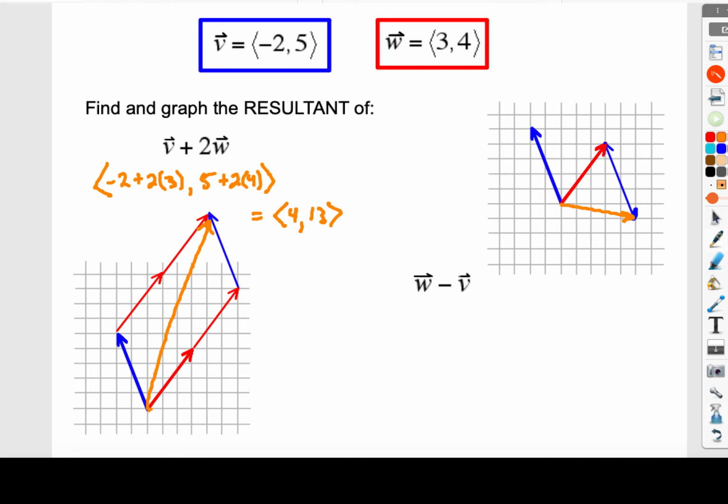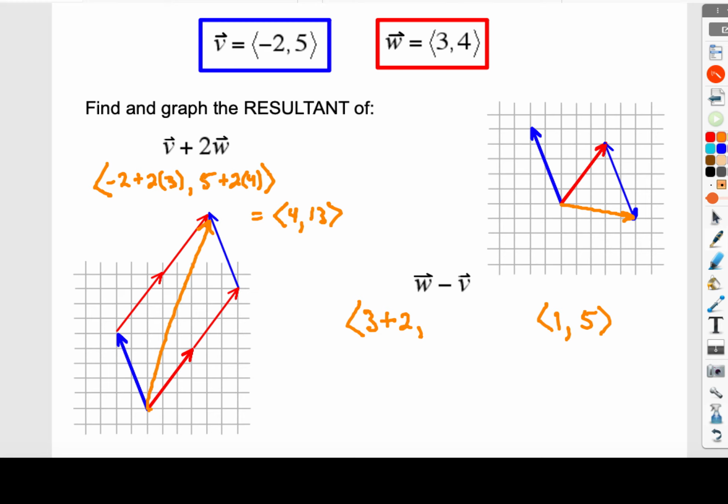And again, we could form that full parallelogram if we want to, but what you really want to notice is, again, it looks like we went down 1 unit, and we went to the right 5 units. Again, the same thing as saying w minus v, and again, minus the negative becomes plus.